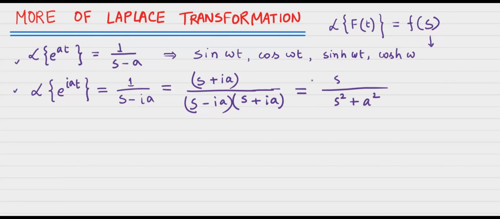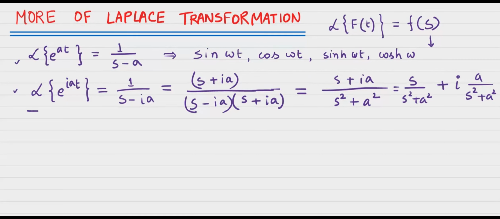On the top, we have s plus ia. This complex number can be written as s divided by s squared plus a squared, plus i, the imaginary unit, times a divided by s squared plus a squared.